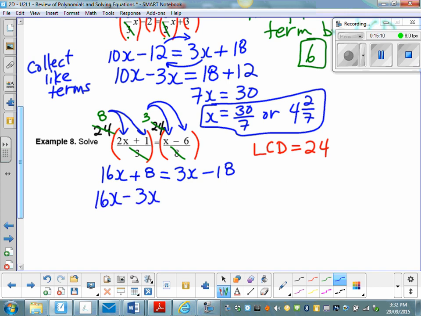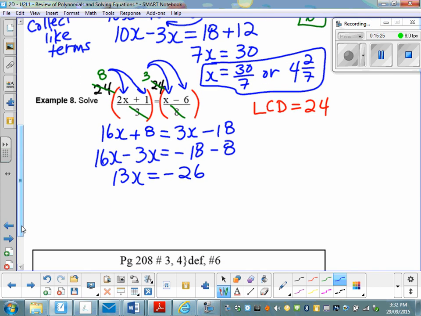So the 3x moves over to the left side and subtracts. And plus 8 moves to the other side and subtracts. So I end up with 13x equals negative 26. And my last step, I divide both sides by 13, and I end up with x equals negative 2.